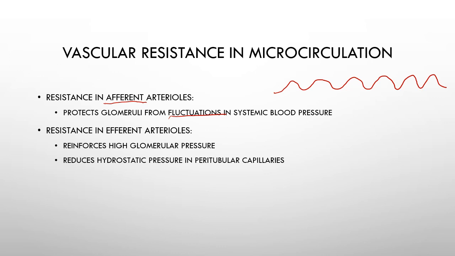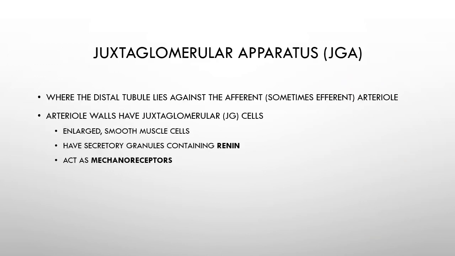As blood's coming in through the afferents and coming into the capsule, and then going out, those efferents can essentially push back, so to speak, and allow for that pressure to be maintained. And at the same time, it makes sure that as these efferents then become the peritubular capillaries, the pressure continues to fall, so that we don't have a high pressure inside the peritubular capillaries either.